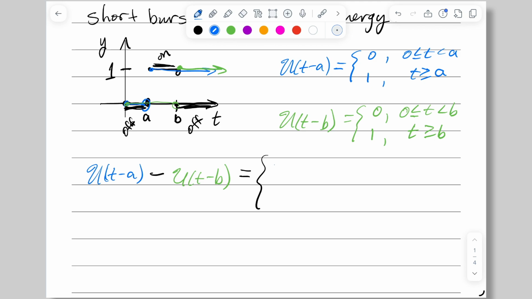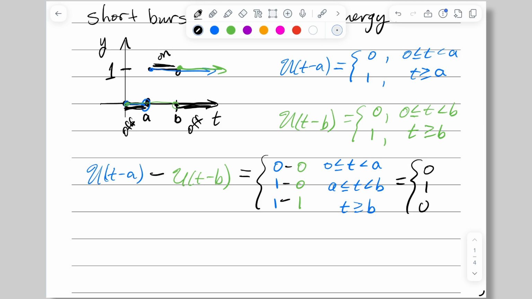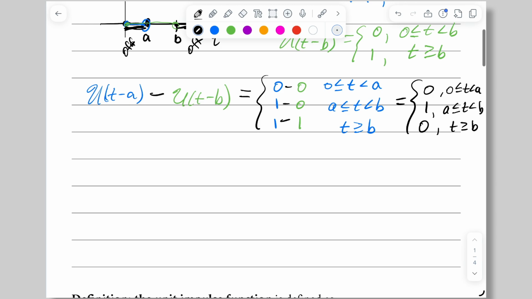For u of t minus a, it's going to be 0 and then 1 and then 1, with our intervals being between 0 and a, between a and b, and greater than or equal to b. The other unit step function is 0 and then 0 and then 1 for those intervals. This will give values of 0, 1, and then 0, again for those same intervals defined by a and b.